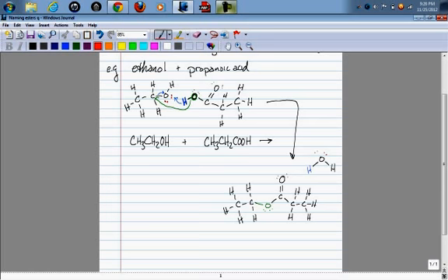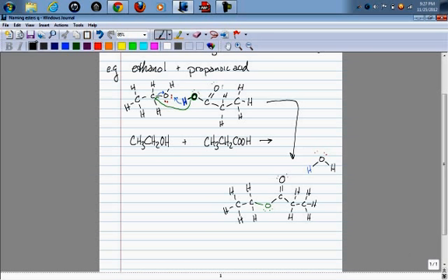So there's your ester and water. So this is how any ester forms. It's the alcohol losing the hydroxy group and the acid losing the proton, or the H+ ion, to form the water and the ester.